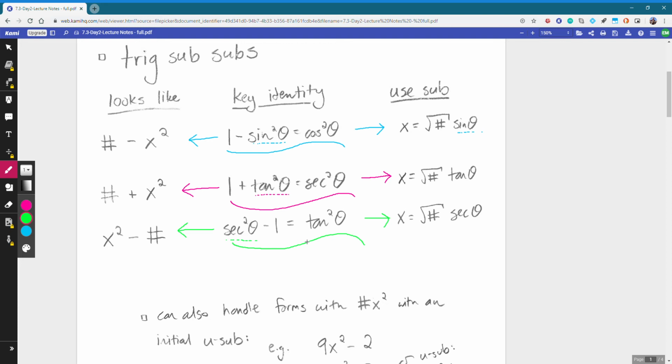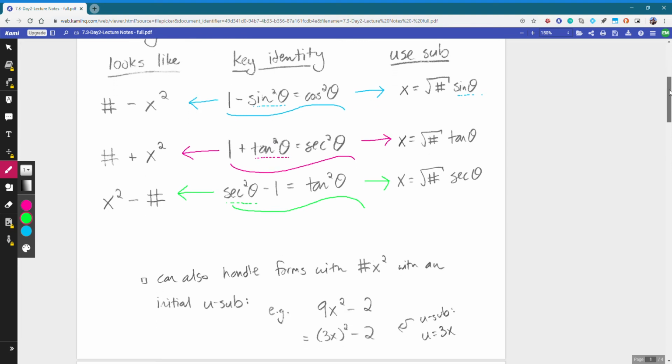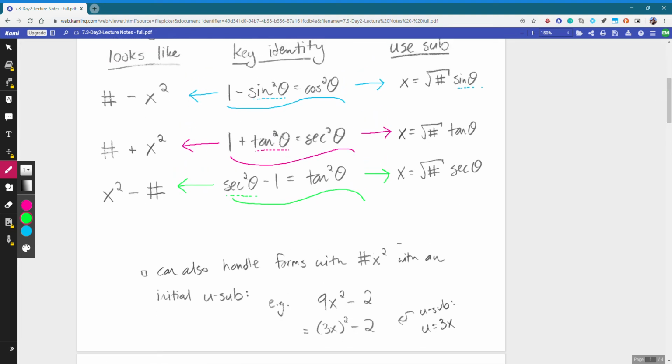We also have the added flexibility, as we did with the form we saw last time, that if our x squared also has a number attached to it, we can handle that with an initial u sub if we'd like. So for example, we had 9x squared minus 2.